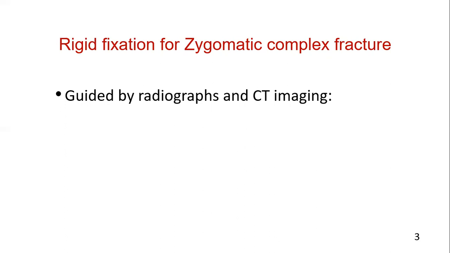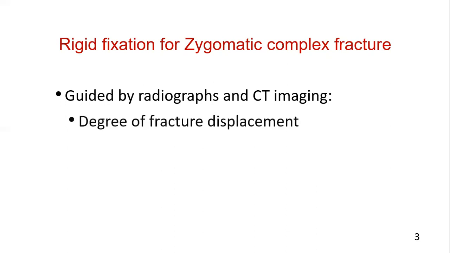Now, as far as the radiographs and CT imaging is concerned, it can be used to assess the degree of the fracture displacement. Second is the comminution at the buttresses.